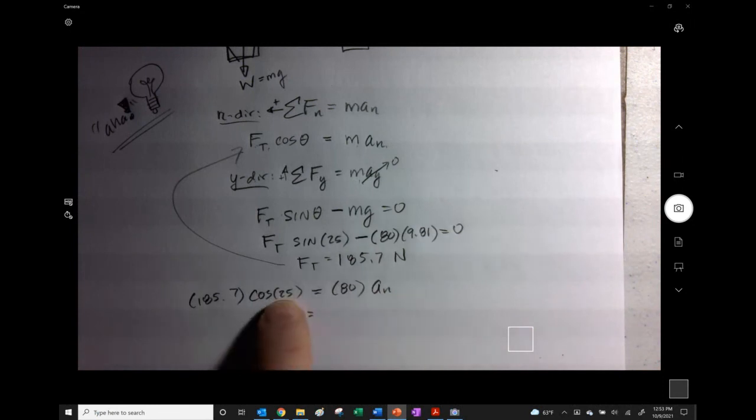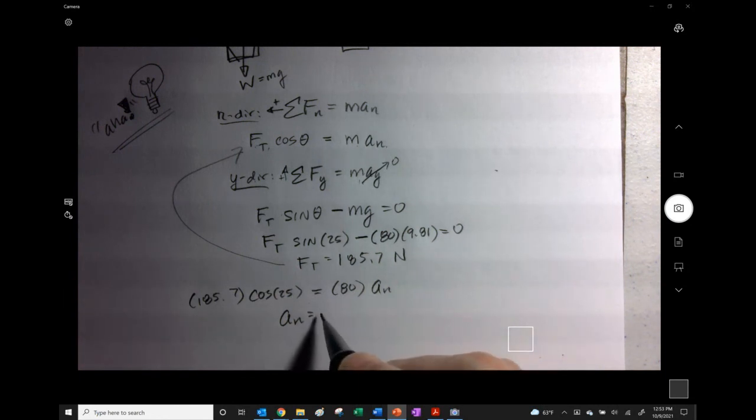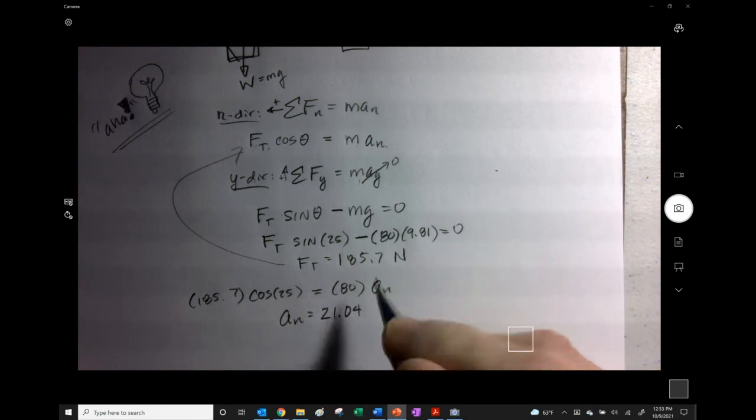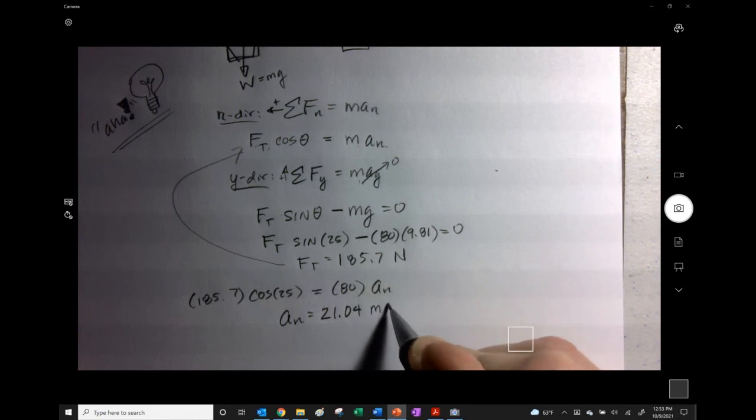So I take cosine 25 times that, and divide by 80, and I get a crazy acceleration. Whee, that's a lot. 21.04, and these are going to be meters per second squared.